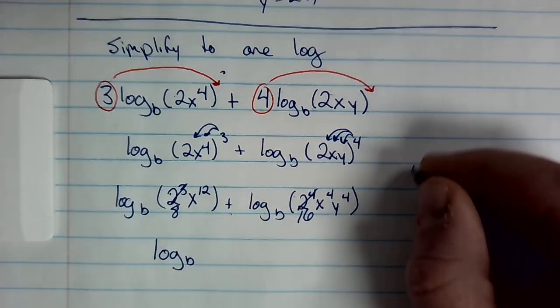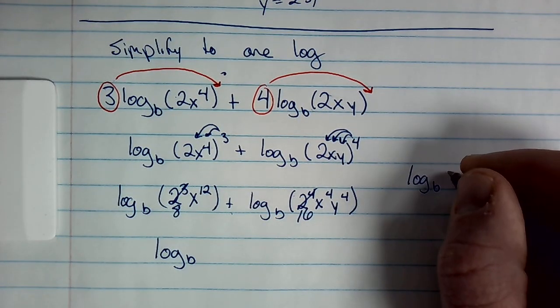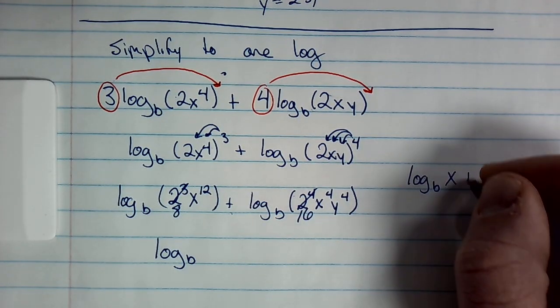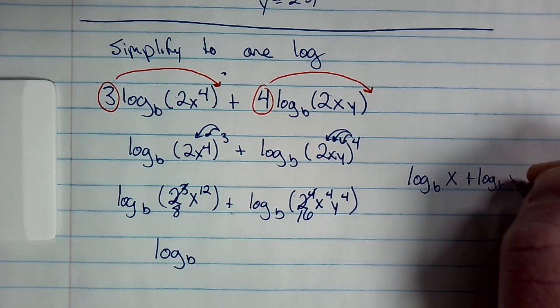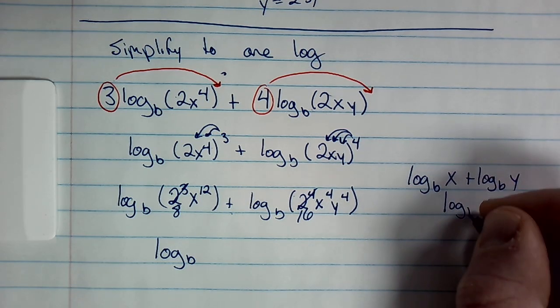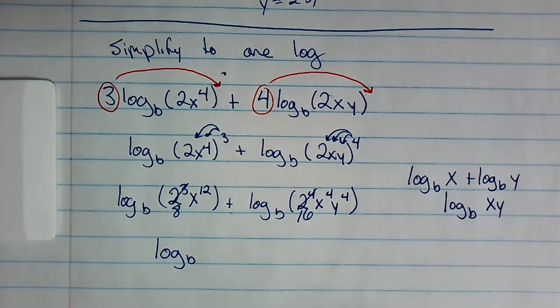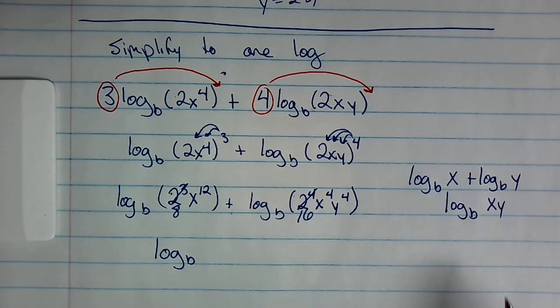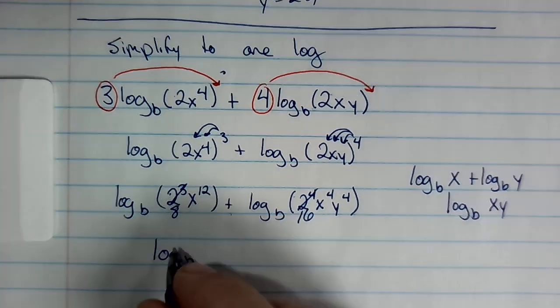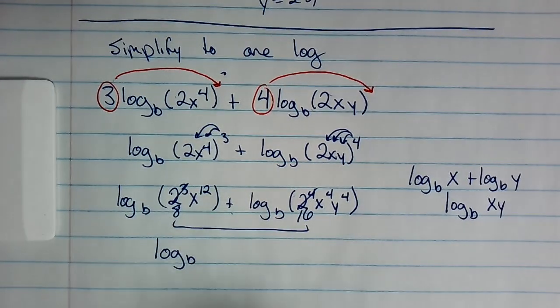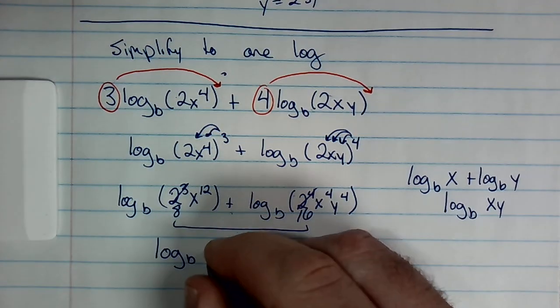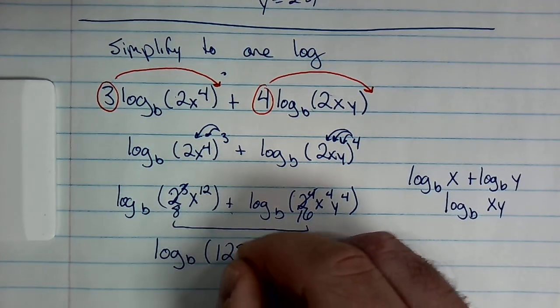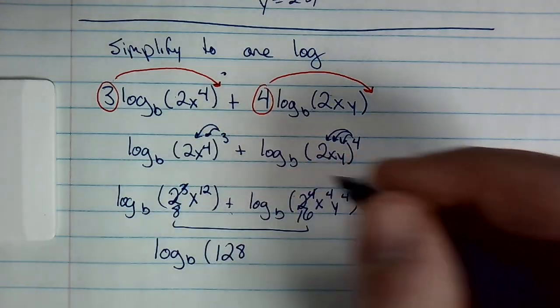Because addition means we multiply. That's a rule. So 8 times 16 is 128.